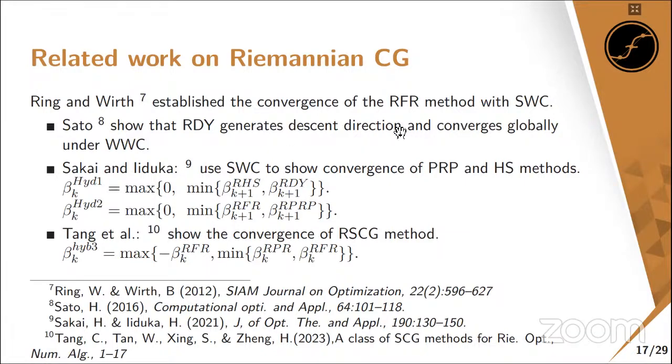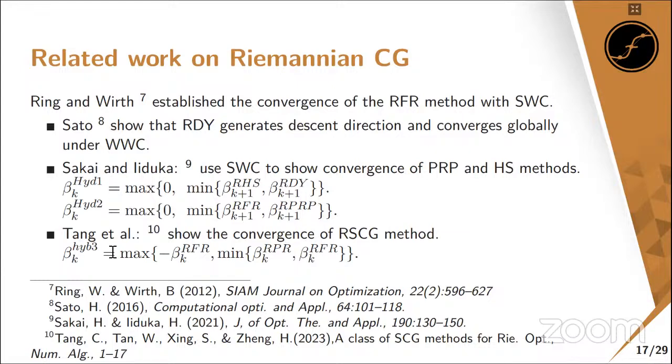So we want to improve on this work, whereby we want to show the convergence of RDY, that is Riemannian Dai and Yuan CG parameter, without line search consideration. In 2021, Sakai and Iiduka used strong Wolfe line search in order to show the convergence of PRP and HS methods respectively, using some kind of hybrid structure.